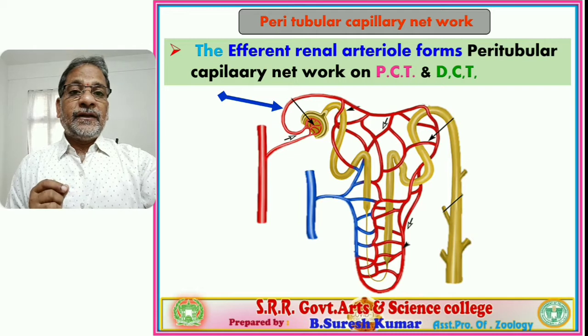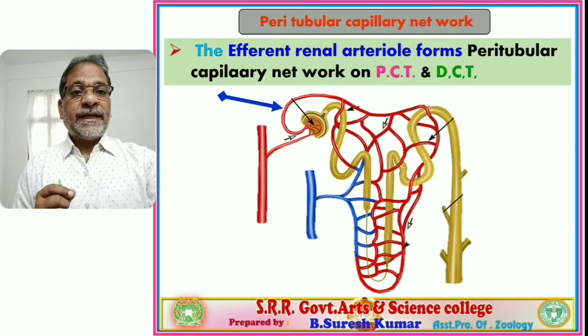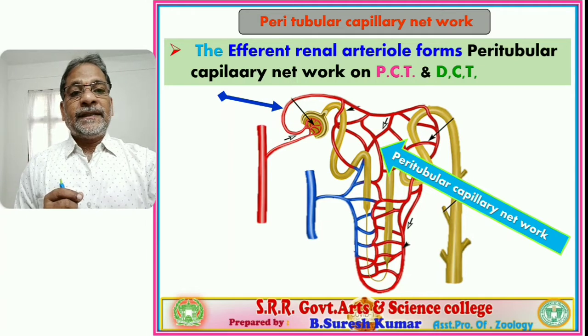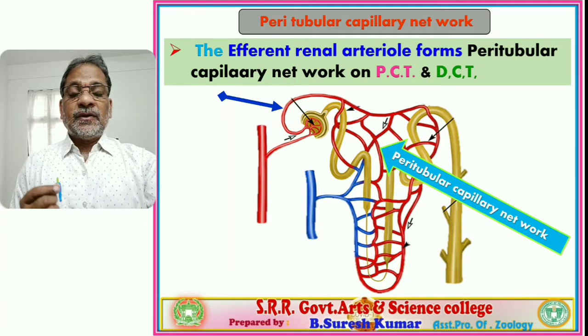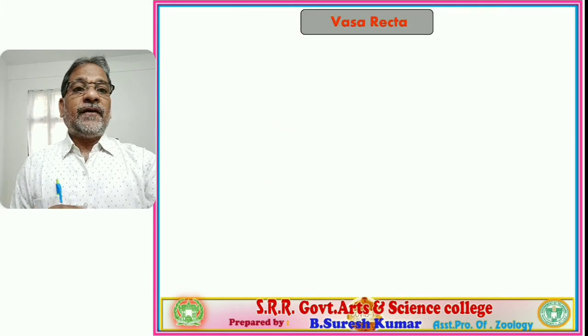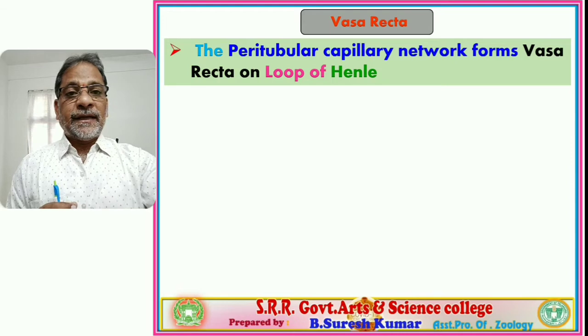You verify the visual representation: it comes out from the Bowman's capsule and goes on to form a network on the surface of the PCT and DCT. So this capillary network is called the peritubular capillary network. Followed? Then one more network is also found on the loop of Henle, that is the vasa recta.